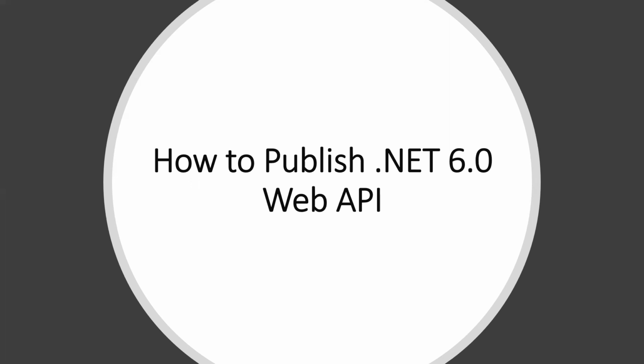In this session we'll talk about how to publish a web API and how to run a web API using a .NET CLI command. So let's quickly get into Visual Studio and see how things are happening.